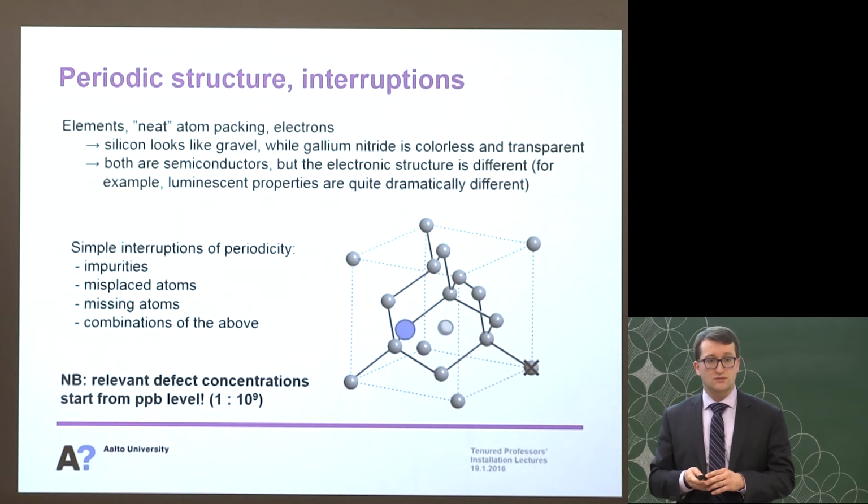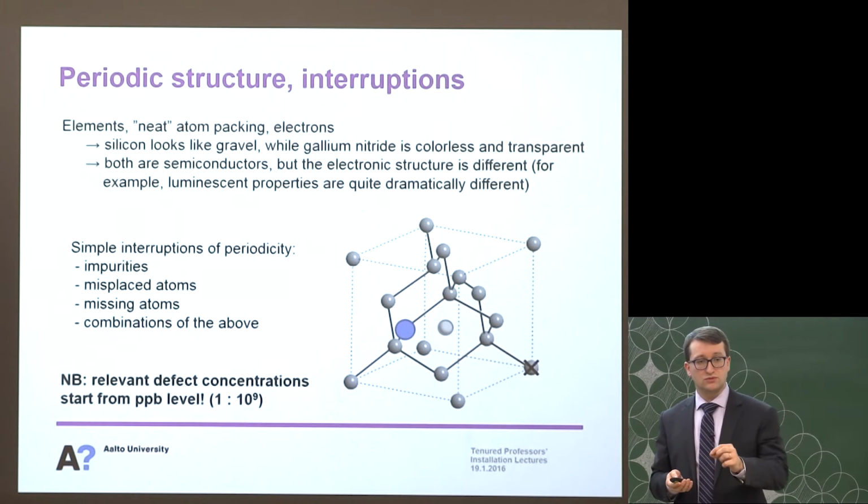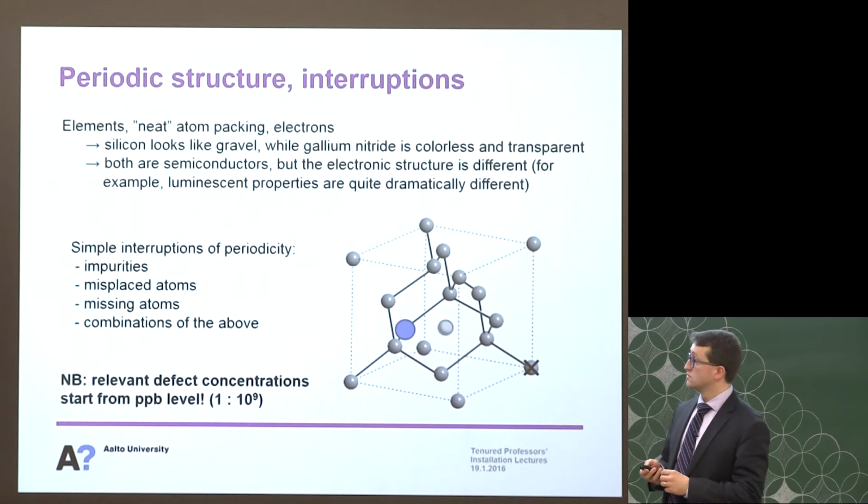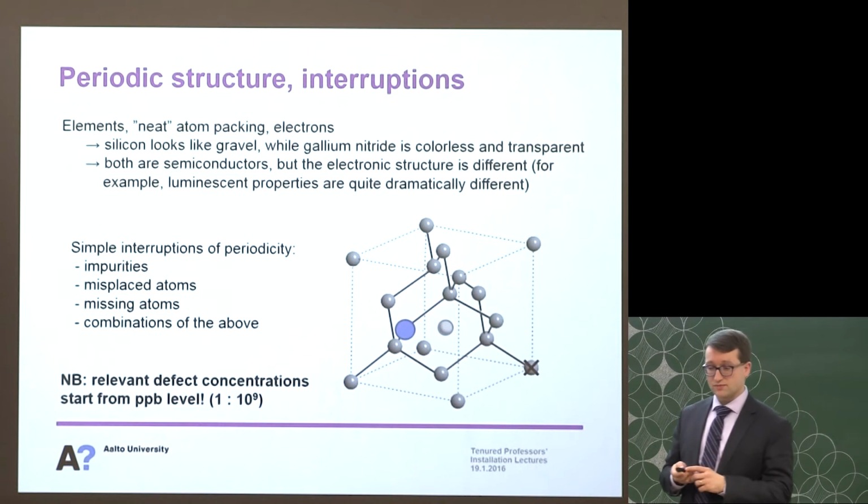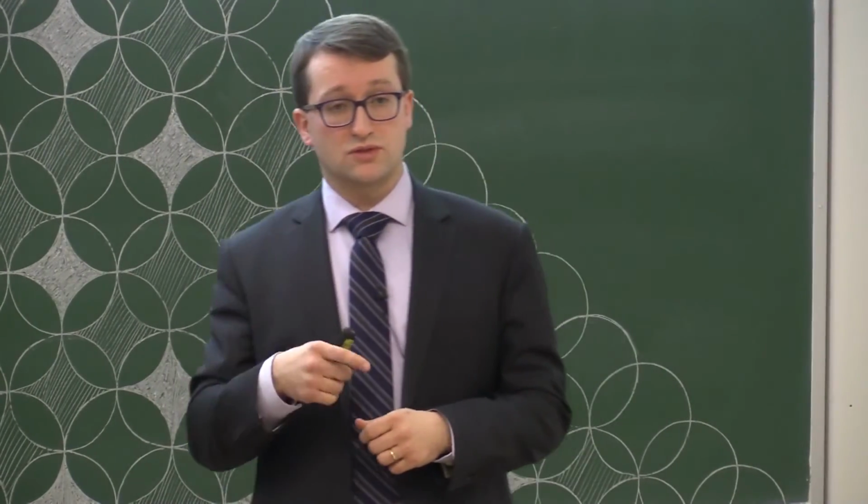But then the question comes: how do you know what's going to happen when you do this particular change? That's a good question, actually. And the opposite question as well. You see a property of this material. How do you know what's giving you this particular property in this particular sample?